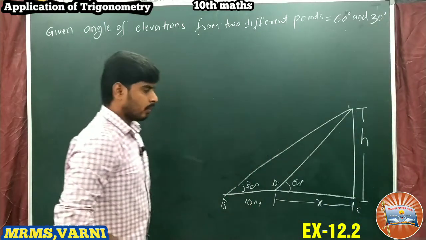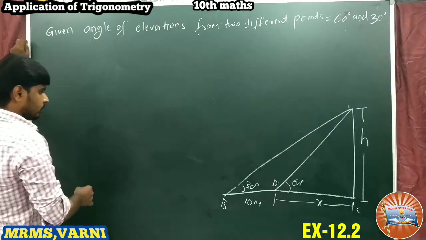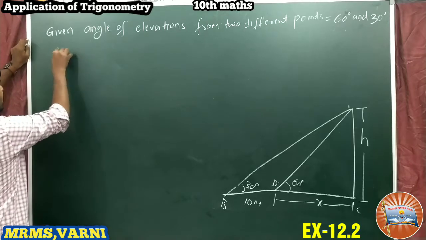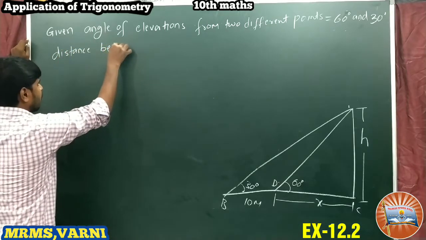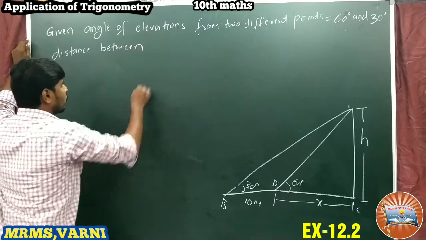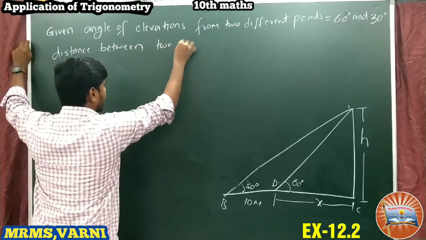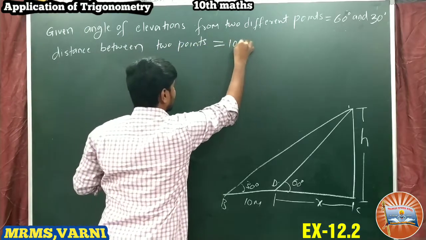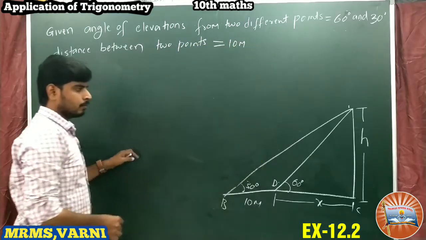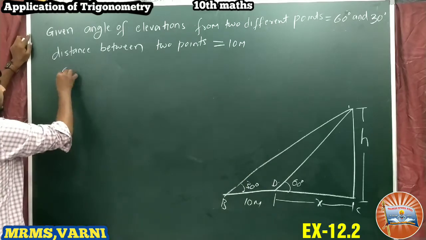Okay, right. Next, distance between two points, how much is given? That is 10 meters.